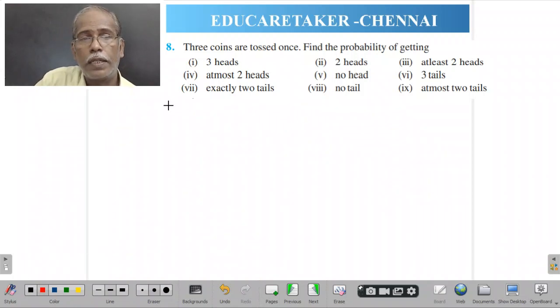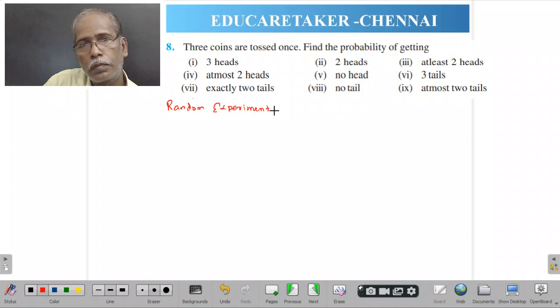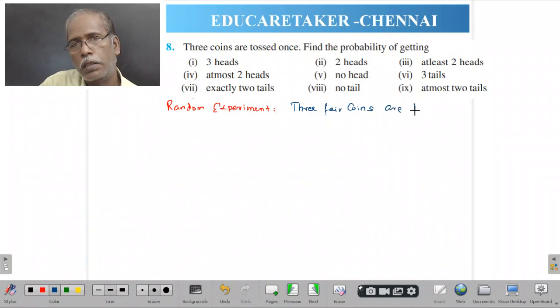First of all, we have to write what the random experiment is. Random experiment: three fair coins are tossed simultaneously, together or simultaneously, both are the same.